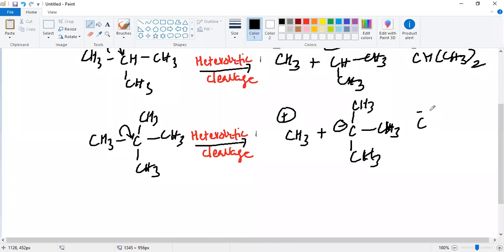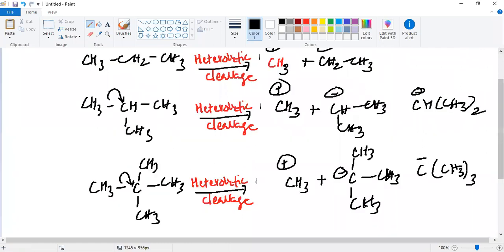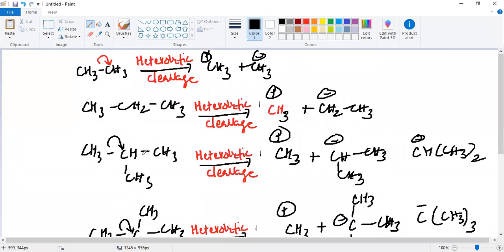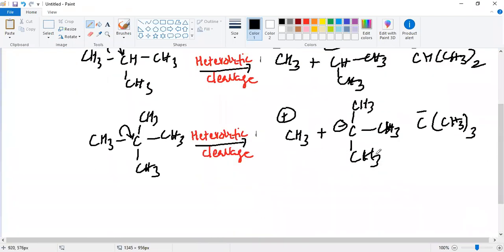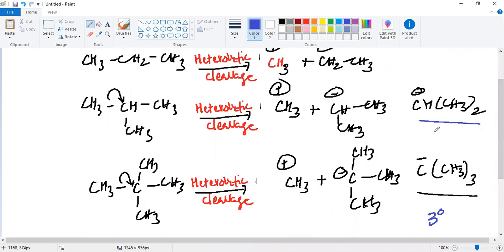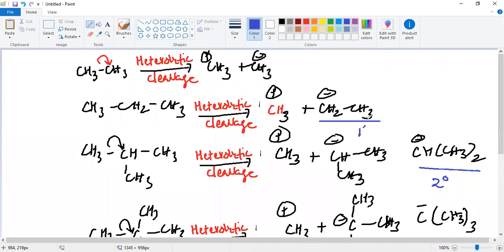So please remember it is C minus (CH3) thrice. Perhaps I made a small mistake in writing it that way. That is how it should be represented. So this is your tertiary carbanion. This is a secondary carbanion. This is a primary carbanion, and this is known as the methyl carbanion.